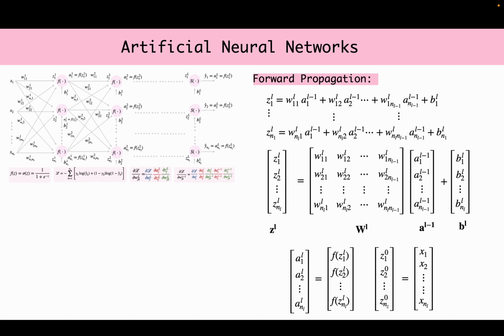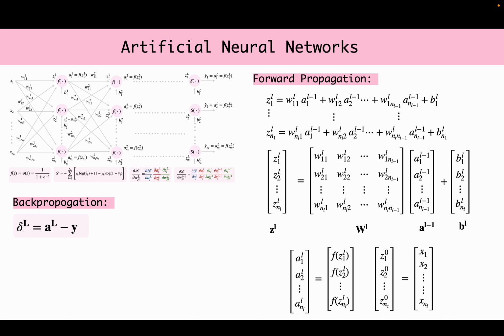So in this way we obtain the pre-activations of the next layers. As you know, for the initial layer, the 0th layer, the activations are actually the inputs. These inputs act as the input for the first layer.